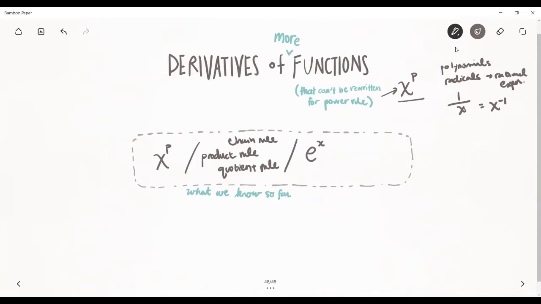But there are still at least 3 common functions that we've seen a lot in algebra that we have not discussed here yet. And so what we want to know is how to deal with those. So today we're going to look at a to the x.